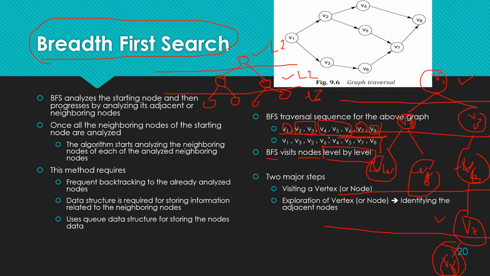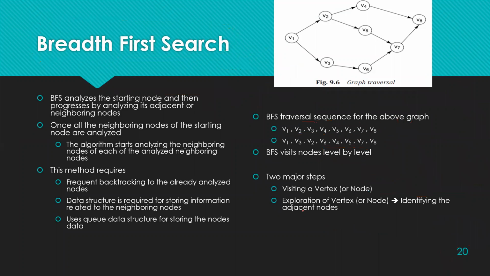So this is the sequence that I have obtained. You can obtain the solution for this by building a tree also. Say you write V1. V1 has two neighbors, V2 and V3.